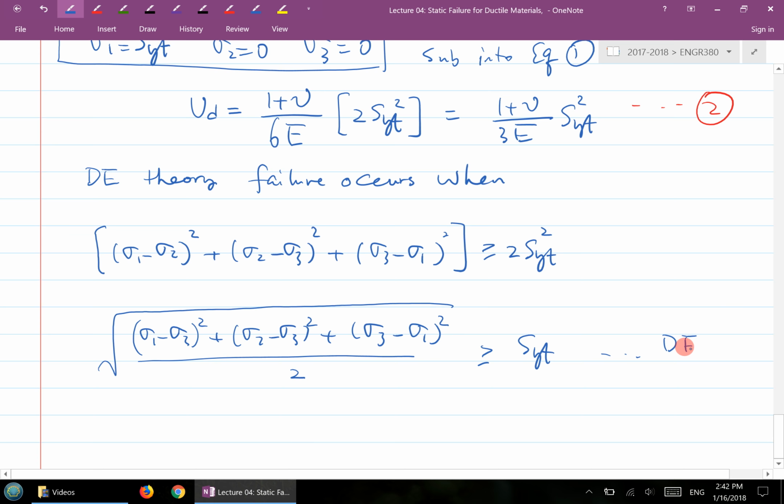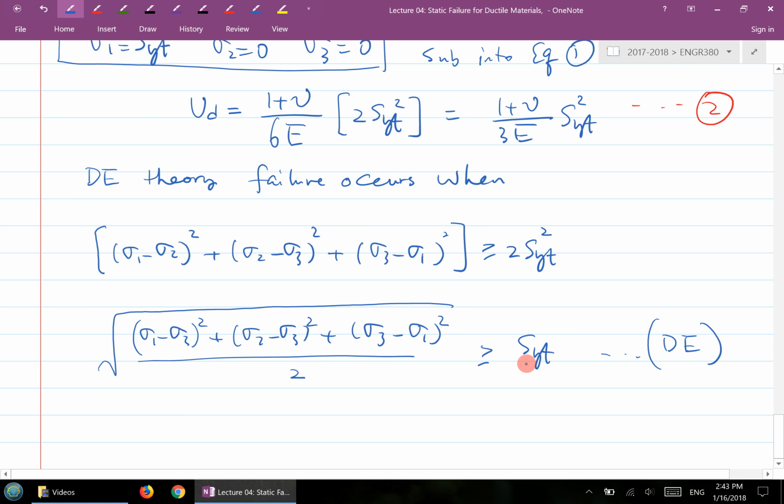So here is almost the final version of the DE mathematical representation, because this is exactly in the format of comparing something with a strength, right?